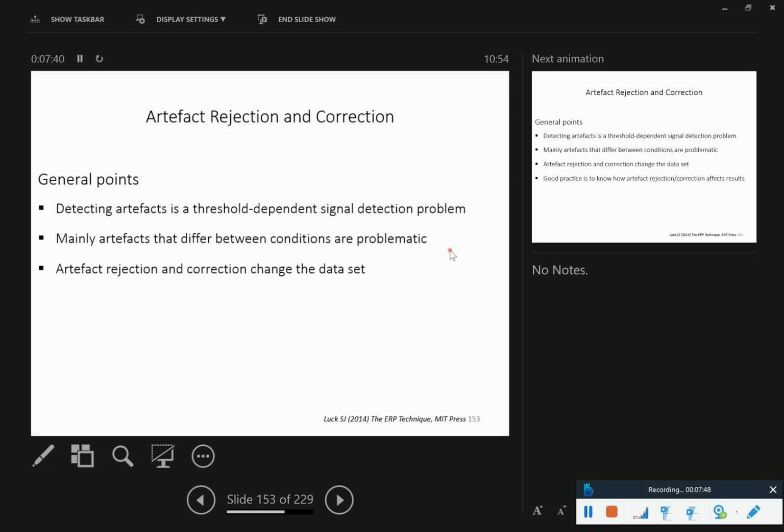The wrong or the right way to pre-process data or do artifact correction is determined by your peers. Your peers will tell you, nah, that's not how one does that. And if you feel that the majority of peers says that, then you can either think the majority of peers has no idea, but I need to pay my rent, so I do what they say, or you try to convince them that you're actually on the right track.